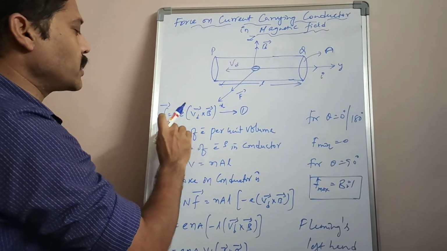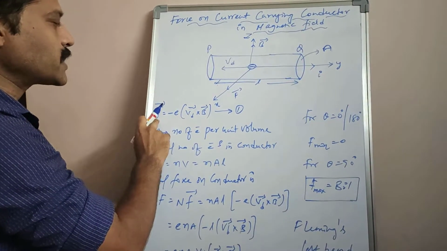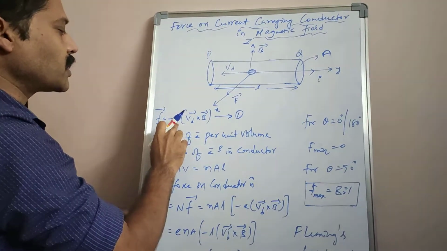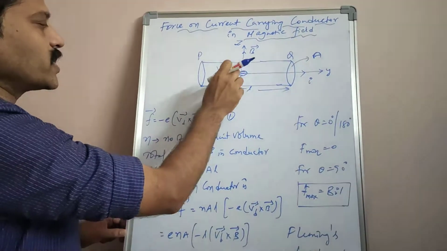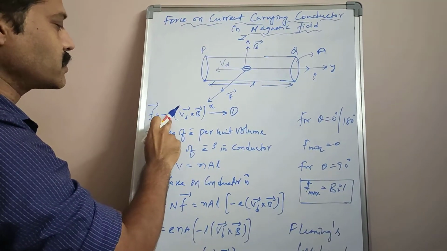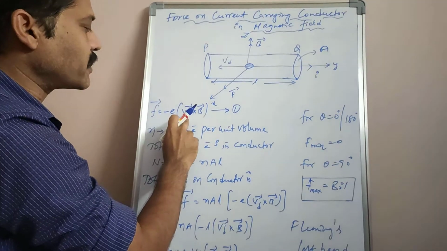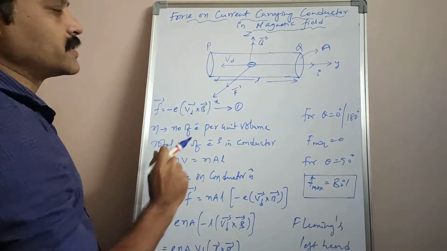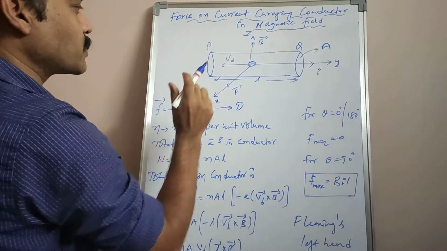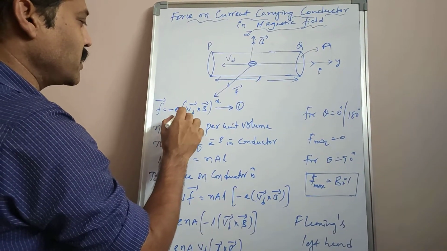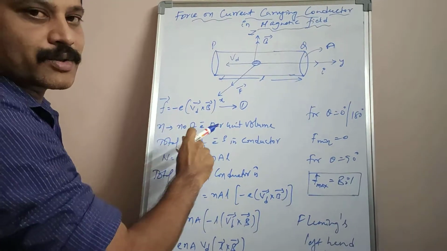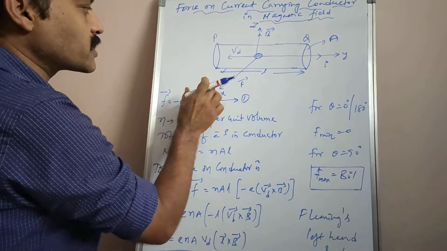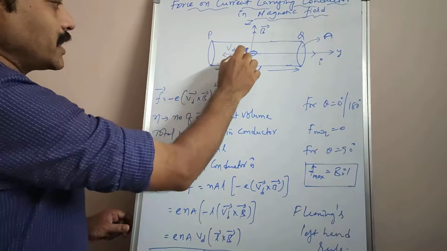Here F bar indicates the force experienced by the charged particle, e is the charge of that particle, and as we consider an electron, we take minus e. Vd stands for drift velocity and B for magnetic field induction or magnetic field intensity. So that is equation 1, the force experienced by one electron.